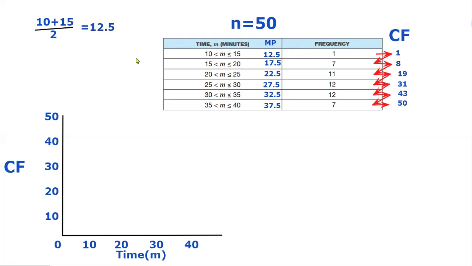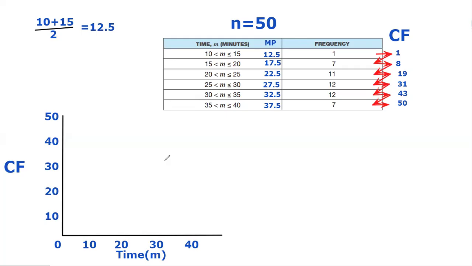So here, let's do this. So first, what am I going to do? I'm going to find the coordinate of the first point. So here, the first coordinate, we have the x's are the time, so these are the x's, and this one is the cumulative frequency, the y-axis.